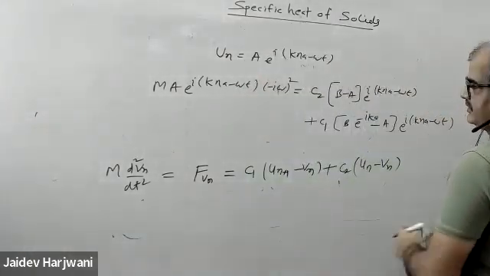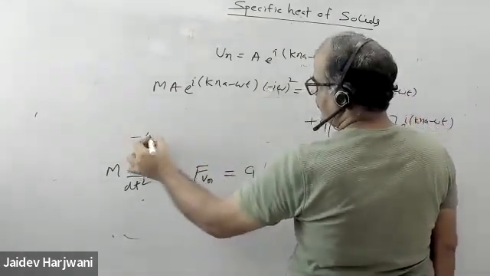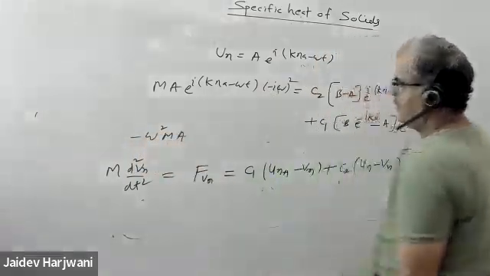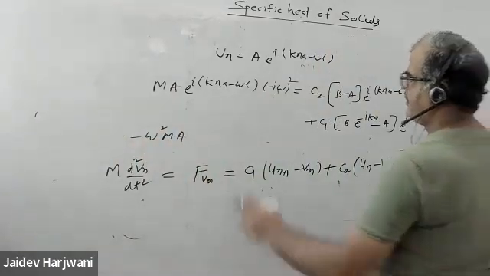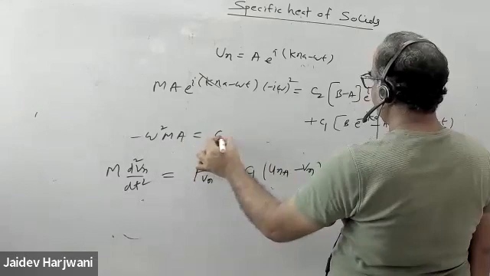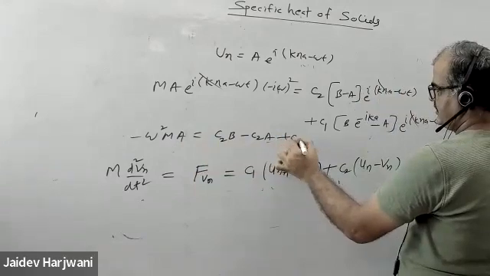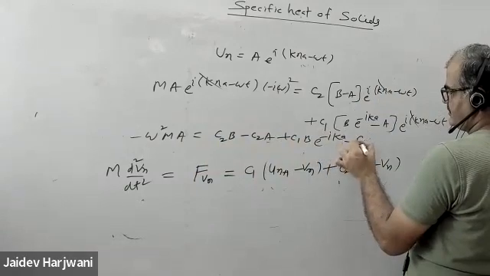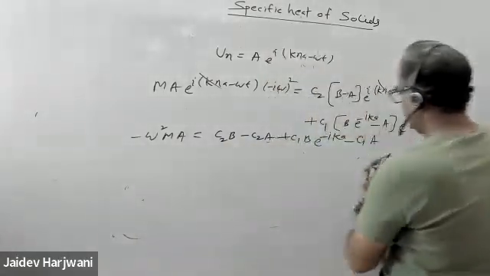If I solve this further, this gives me minus ω² m a. This term will cancel, so I will have c2 b minus c2 a, plus c1 b e^(−iκa), minus c1 a.